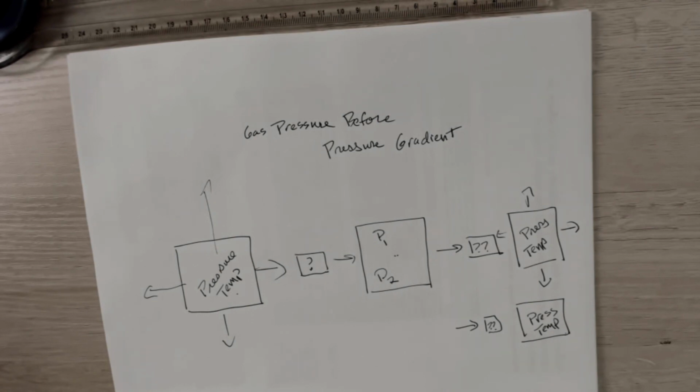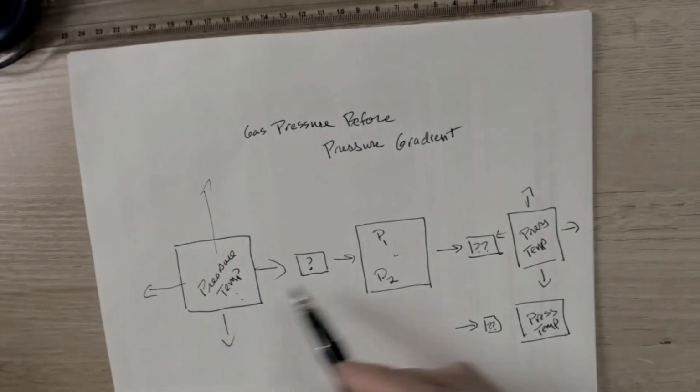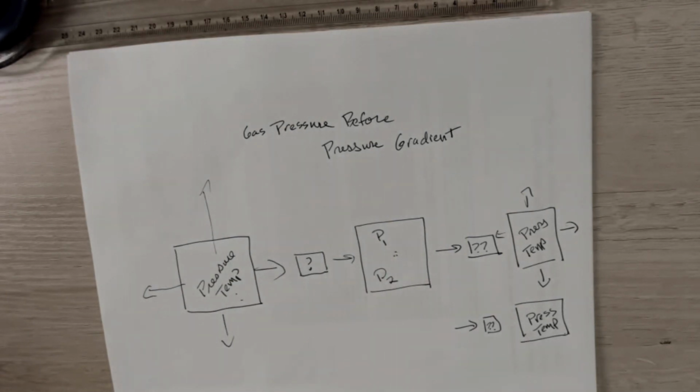Now, there's two other things that I'd like to mention on this. First of all, if they claim that you have gas pressure before you have a pressure gradient, at what time and under what conditions did you have uniform gas pressure before a gradient formed? They have presented absolutely no evidence for that. What caused that homogeneous system to spontaneously form a pressure gradient?